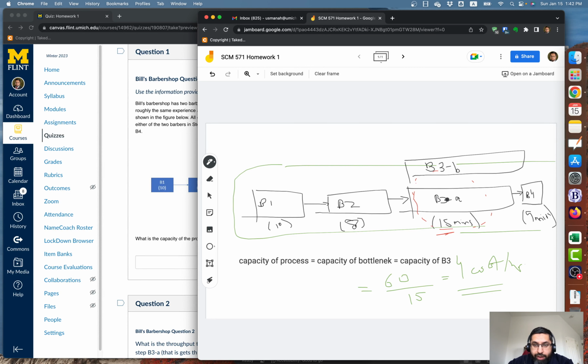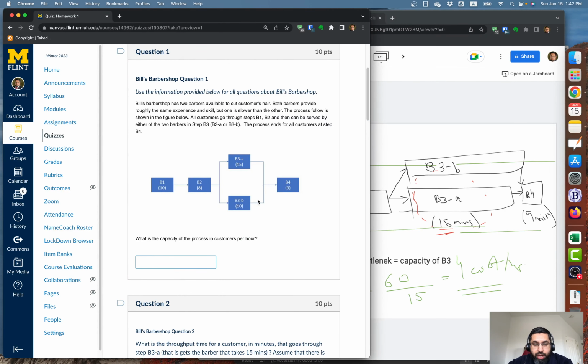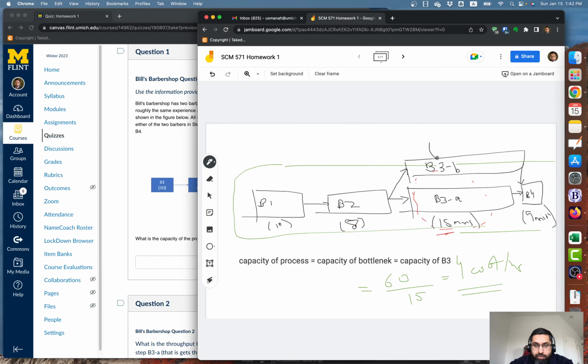Now if barber A is busy, customers will simply go to barber B, and whenever they're done with barber B, they go to the station to check out. So essentially this question is asking, how do you analyze a process when you add a second worker in parallel to an existing worker, and the second worker takes a different amount of time, because this worker takes 10 minutes? That's what we have to understand.